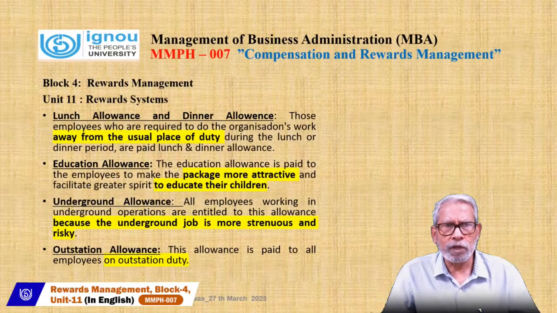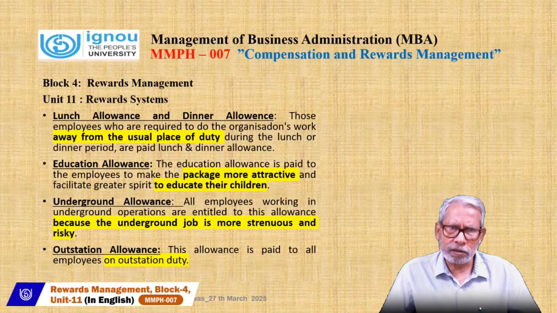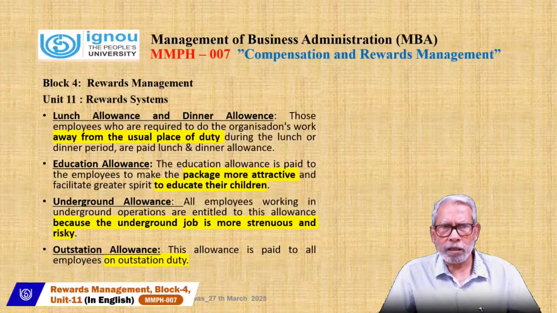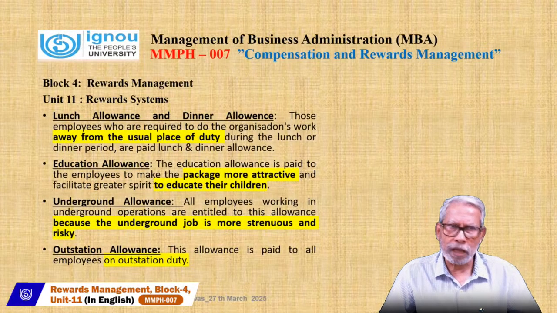If they don't have a canteen, then in that case the company has to provide some allowance so that they can manage on their own and have lunch away from the usual place of duty.